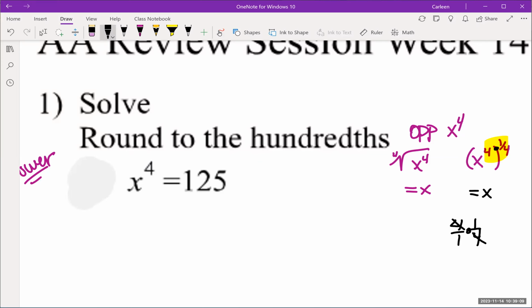So since it's easier on the calculator, let's raise both of these to the 1/4 power. So if everyone would grab a calculator out of the box that says Lysol. I need 125 to the 1/4 power, and we are going to round to the 100th place.